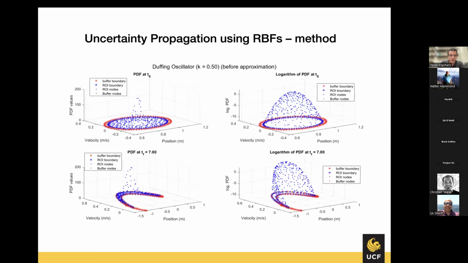Here is what we are looking at in terms of the PDF at time 0. And you can see here what we're using is the log. These are all tricks we're using for this. So this is a log transformation of the PDF values. PDF values are generally very small. You can see all of them are very tiny here, almost 0. And then you have a few that are very high that represent the mean of that distribution.